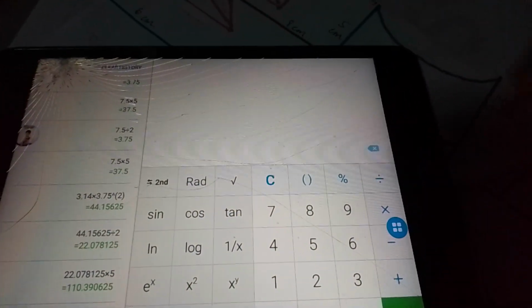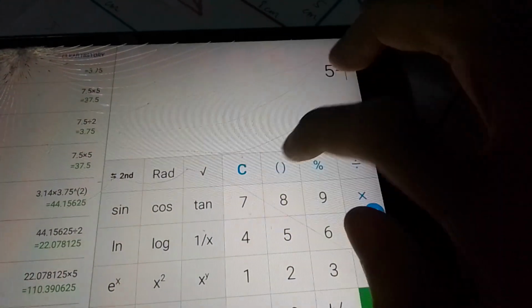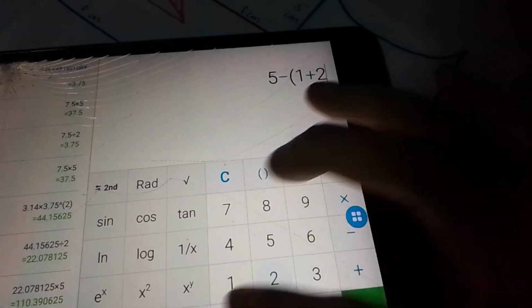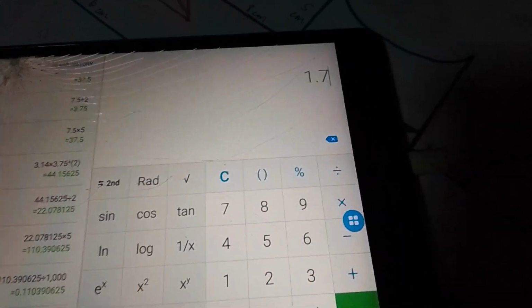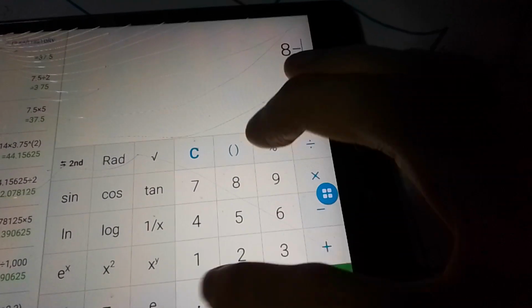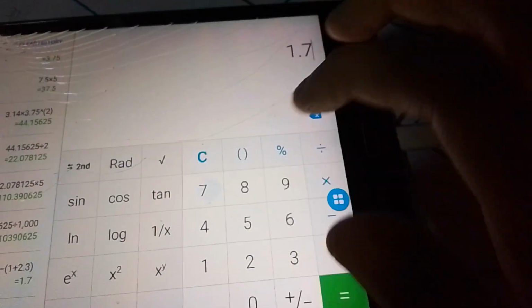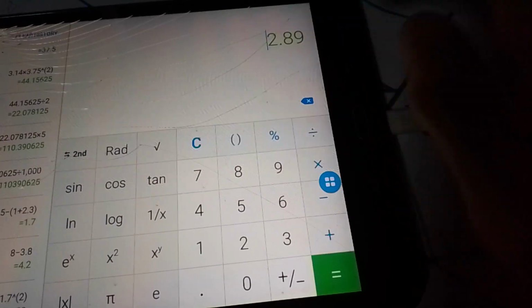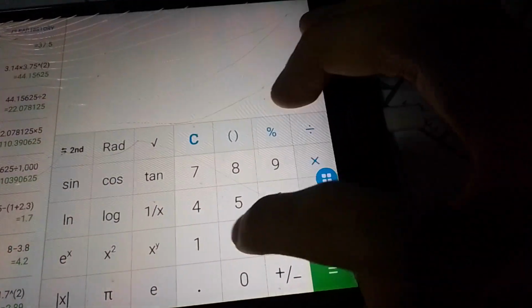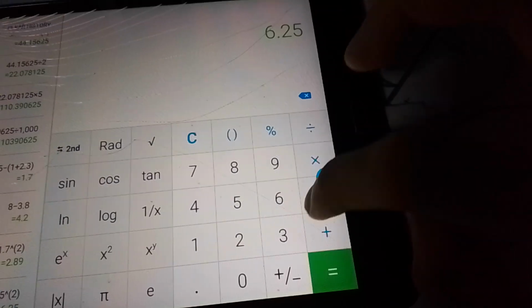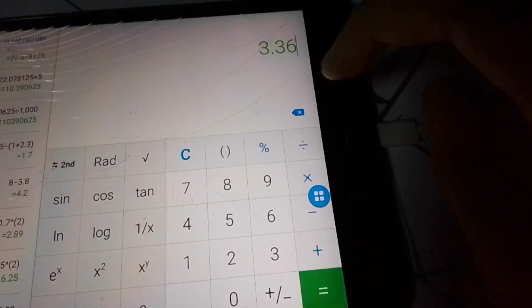So 5 minus 1 plus 2.3 gives 1.7. So that's the height. And then 8 minus 3.8 is 4.2. Now 1.7 squared is 2.89. And then 2.5 squared minus 2.89 is 3.36.